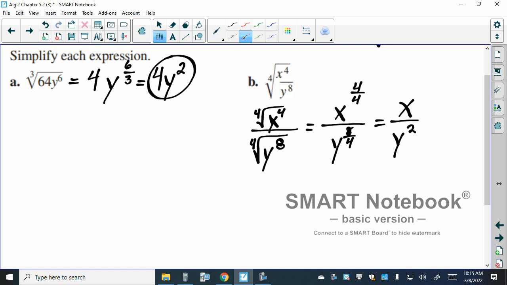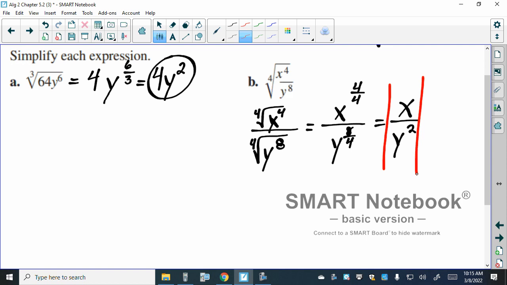And since we took an even root, those variables that came out of the radical need to be in absolute value bars. Because what comes out has to be positive, but the variable itself could be positive or negative.